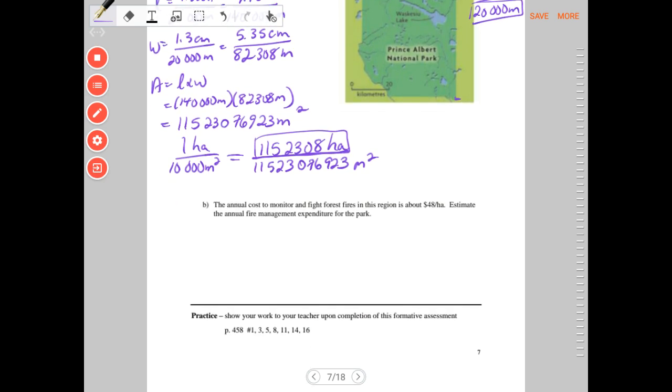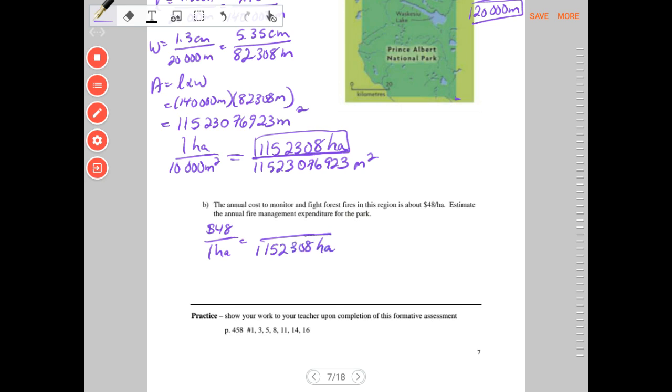All right, Part B. The annual cost to monitor and fight forest fires in this region is $48 roughly per hectare. Estimate the annual fire management expenditure for the park. So if it's $48 for 1 hectare, and we have this giant number here, what do we got? 1,152,308 hectares.